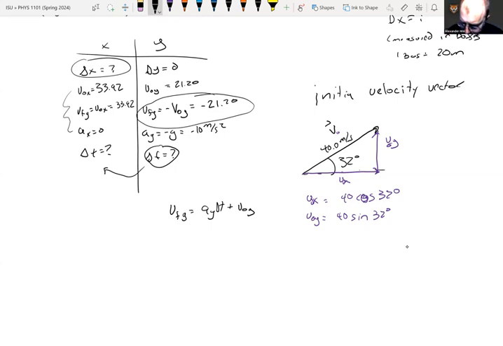In any event, delta T ends up being 2 V final Y over A sub Y, which is 2 times negative 21.20 over negative 10, which is 42.4 over 10. So delta T is going to be 4.24 seconds.